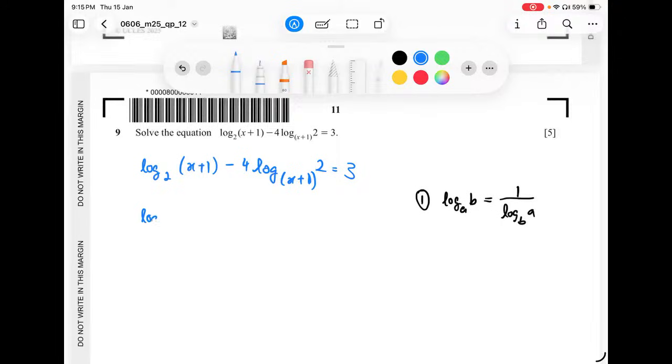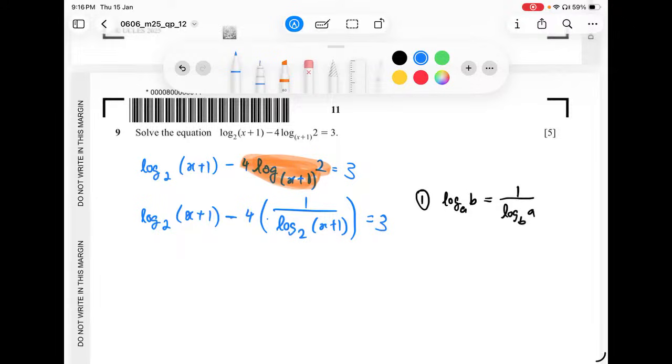So when you use that log law, I'm going to use it for this term. So minus 4 times 1 over log_2(x+1).